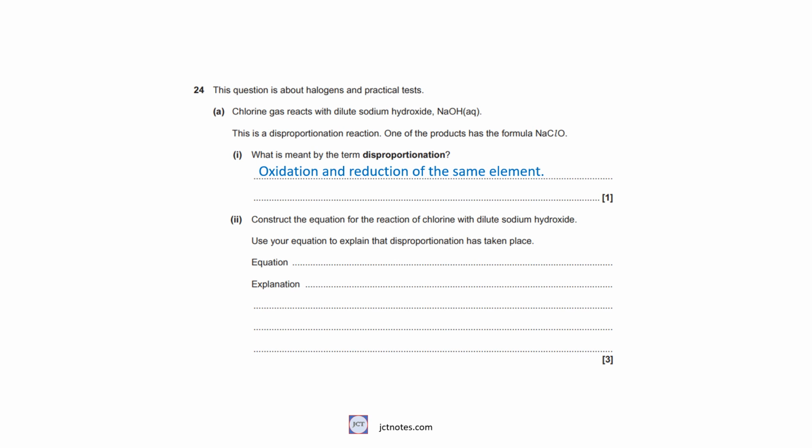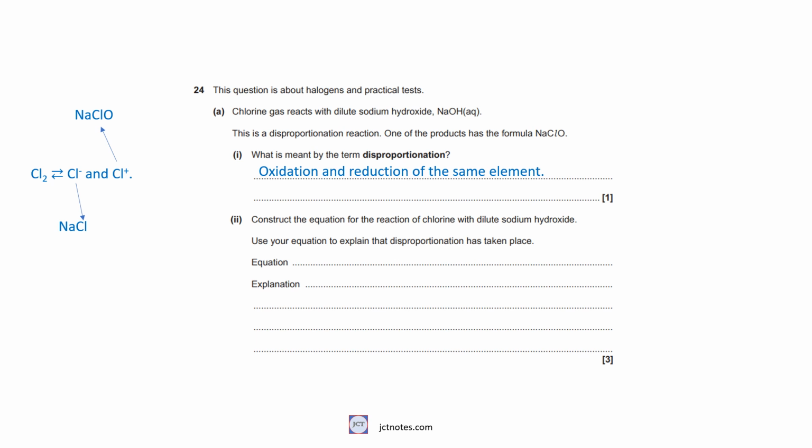We know that the chlorine gas, with oxidation state 0, is going to form chloride, chlorine -1, and chlorine +1. The chlorine cation is going to be in the form of sodium hypochlorite, NaClO. As we are using sodium hydroxide, NaOH, we can safely consider that the chloride anion is going to form sodium chloride.